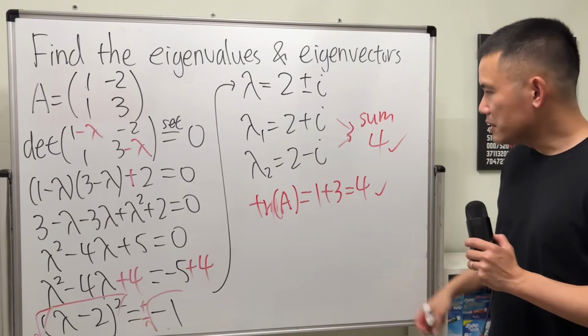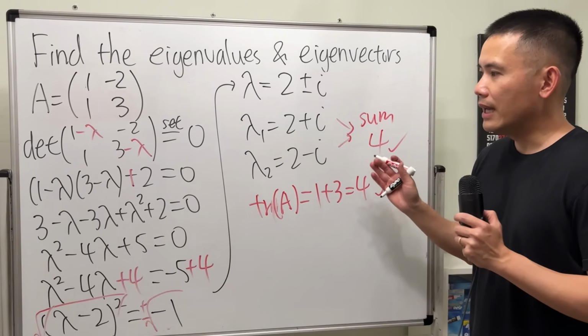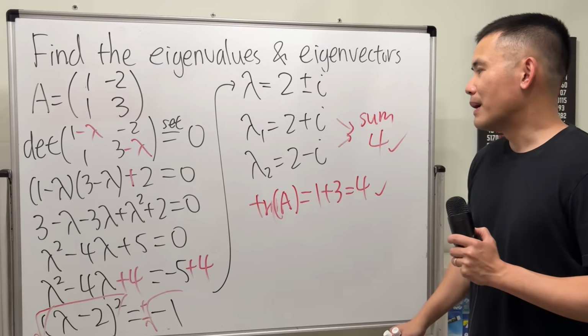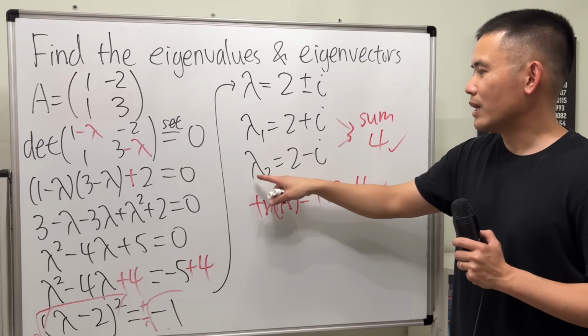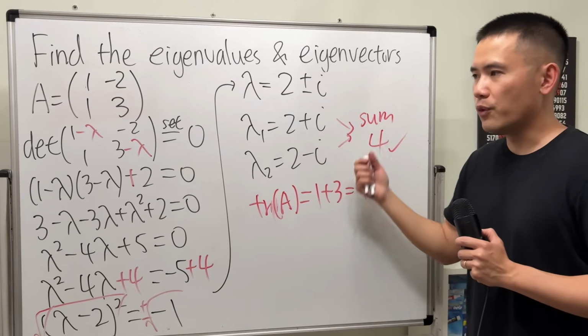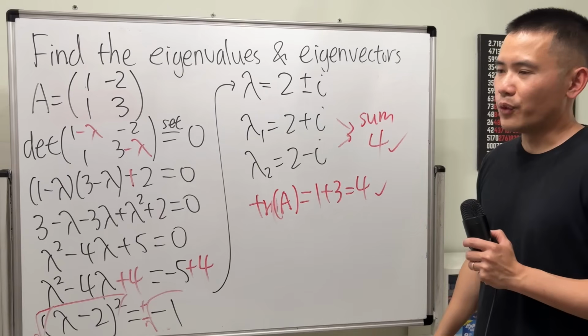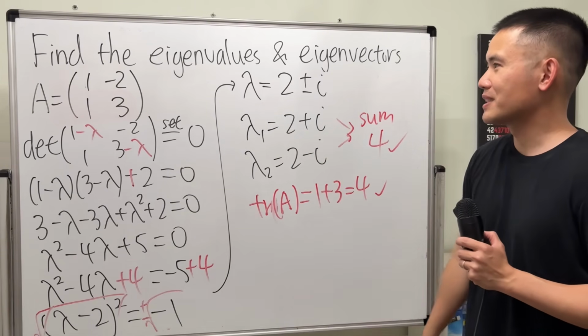So if you do this quick check, at least you'll feel a little bit better that you are on the right track. But as I said in the previous video, if somehow you end up with lambda 1, lambda 2 being like 5 and negative 1, add them up, you get 4, and the trace is also 4, unfortunately. But anyways, these are actually correct.